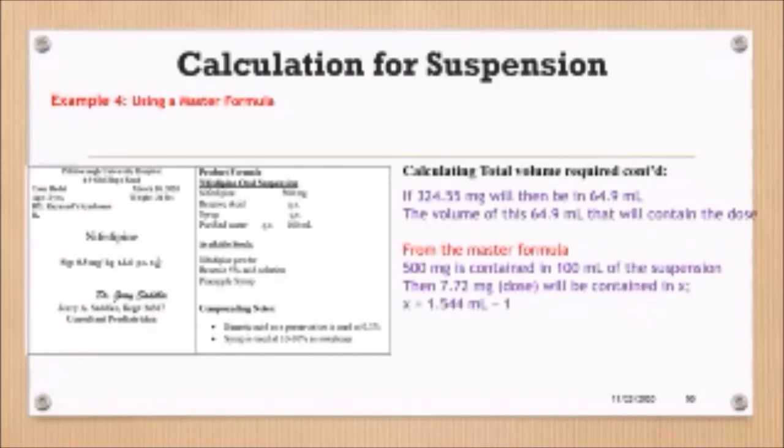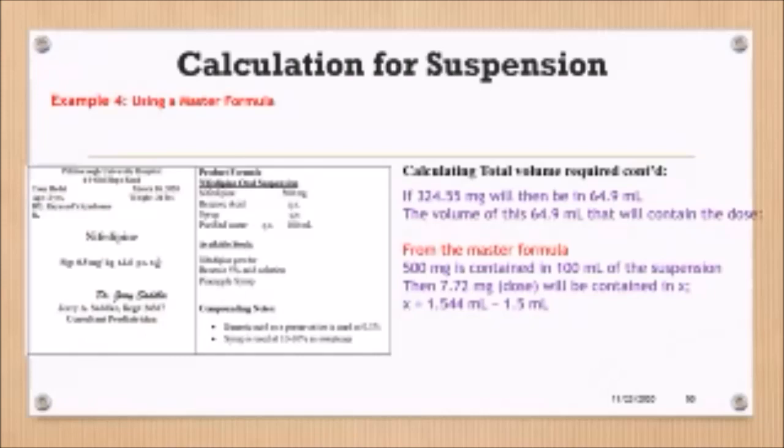And from the master formula, we are going to calculate the volume that the dose will be containing. Because if you're going to be writing a label, then you're going to have to determine what volume of the suspension Tony Badal will get, or should be taking, to get the 7.72 milligrams. And of course, we're going to get this from the master formula.